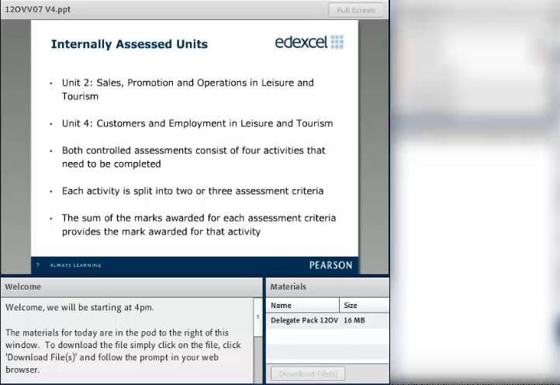Okay, so just to clarify, the internally assessed units are Unit 2, Sales, Promotion and Operations, and Unit 4, Customers and Employment. Both of them carry equal marks. Both of them consist of 4 activities that need to be completed, and each activity is split into 2 or 3 assessment criteria. I am assuming that everybody has been able to download the current tasks for this qualification.